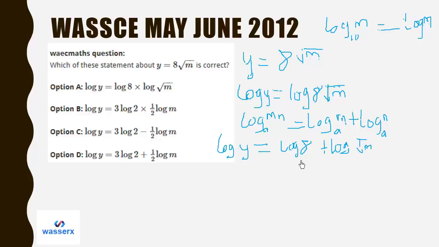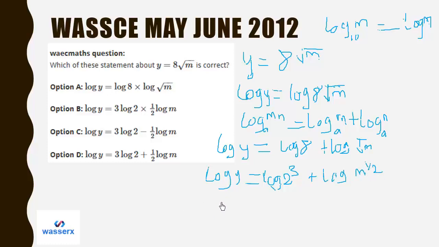Now the next thing we do is to write this as exponents. We know that log y will be equal to log 2 to the power 3, that is how we can write 8 as an index number, plus log m to the power 1 over 2.